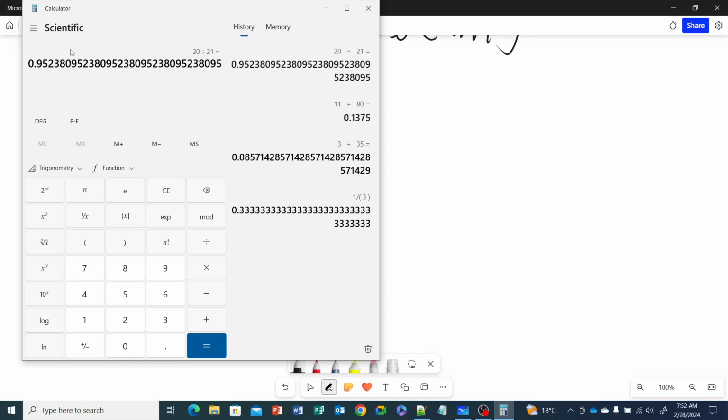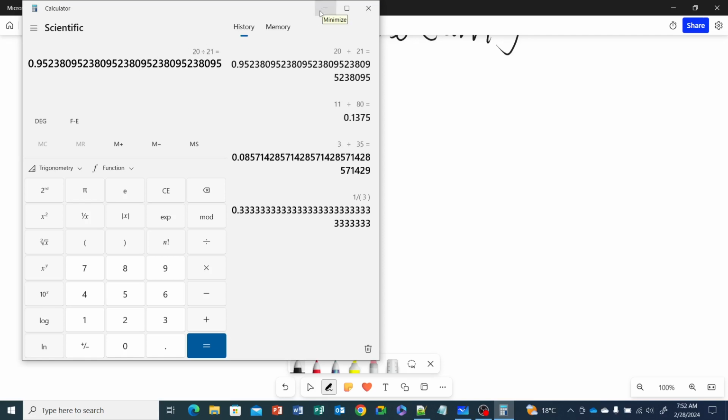After 80 here, this thing terminates, then it's 952380, 952380 again. So the pattern here is 952380. And what do we call it?